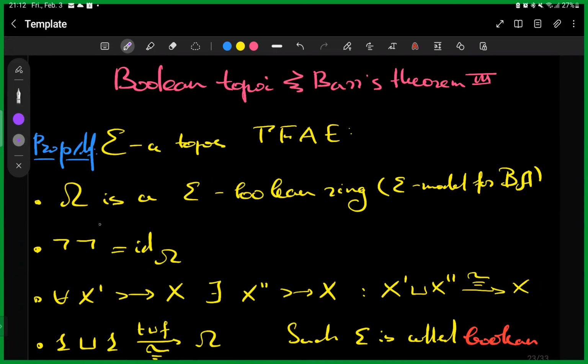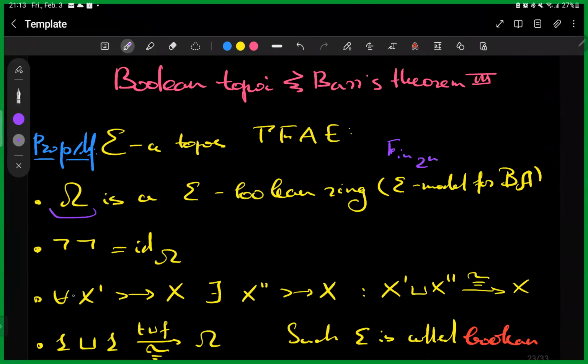First is that omega under operations described above is a Boolean algebra or a Boolean ring, or an algebra over the linear theory of finite sets of cardinality 2 to the power of n. All these things are equivalent.